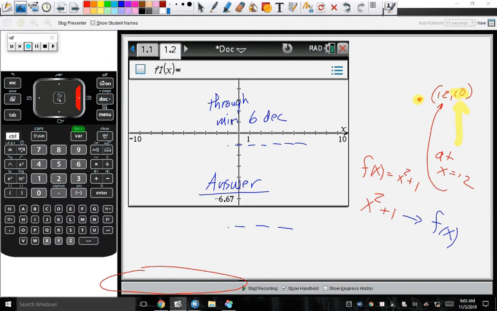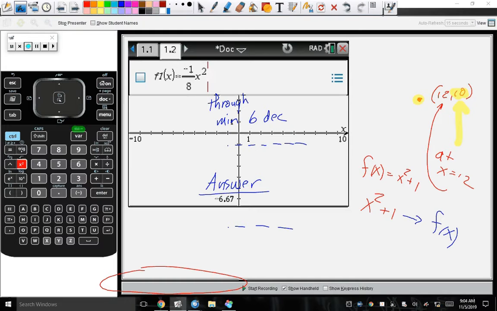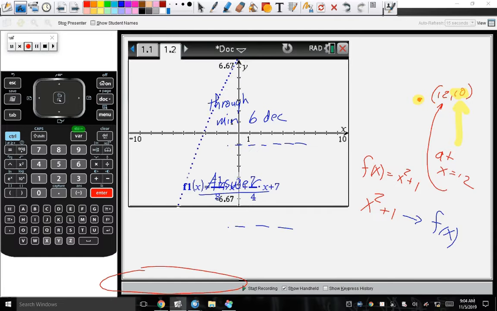Okay? I can retype it all out as negative 1/8 x squared plus 7/4 x plus 7. Or what I could have done is just typed in what I saved from the previous screen, which is just f of x. Same thing.